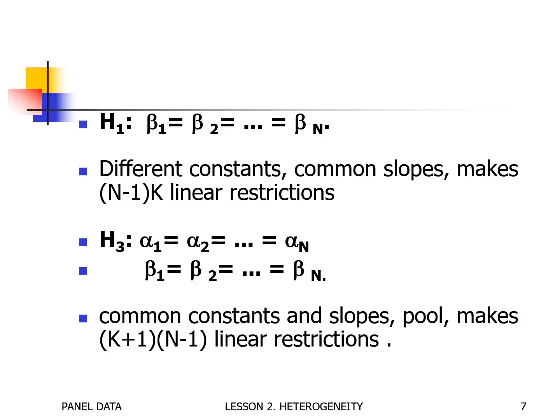The next model, H3, is the pool model that is going to tell us that everything is the same for everybody, all the alphas are the same, all the betas are the same, and it makes k plus 1 times n minus 1 linear restrictions.